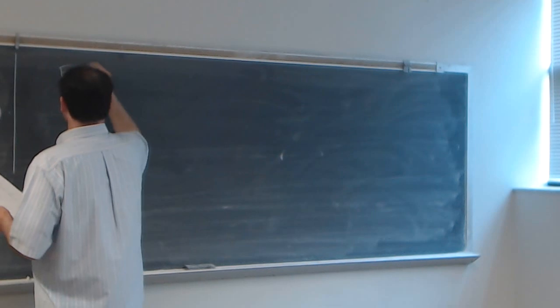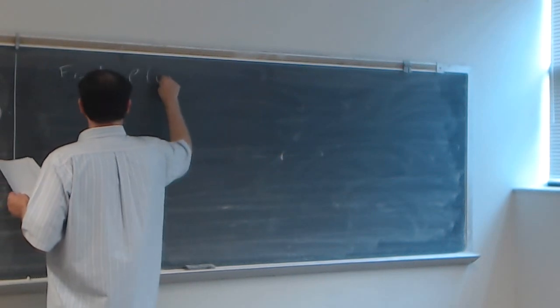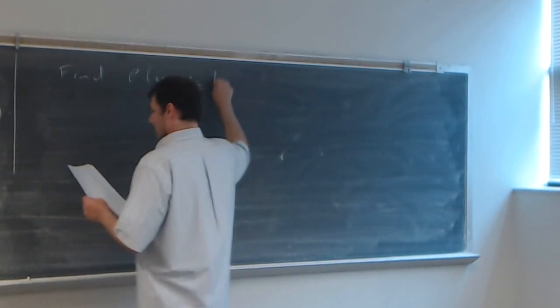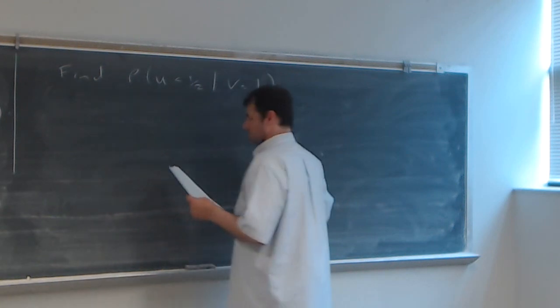Then the problem says find the probability u is less than 1/2 given v equals 1.